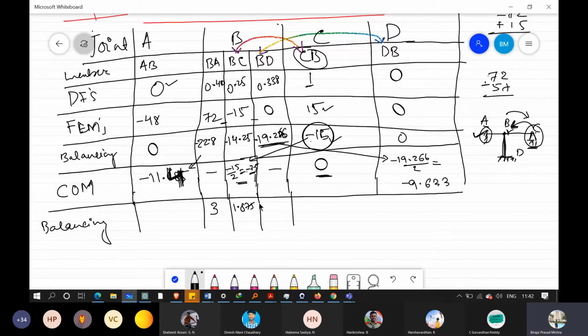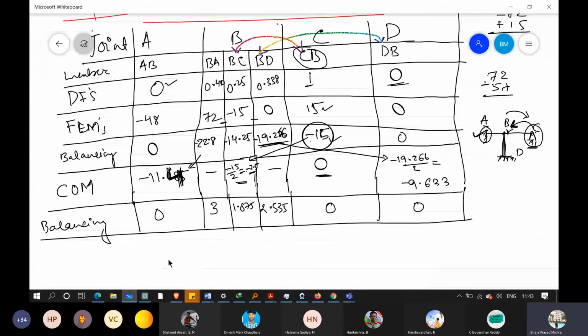Then 7.5 into 0.338, it is 2.535. Now this one will be 0, this one will be again 0. Why? Because the DF is 0. Similarly this one will be again 0.